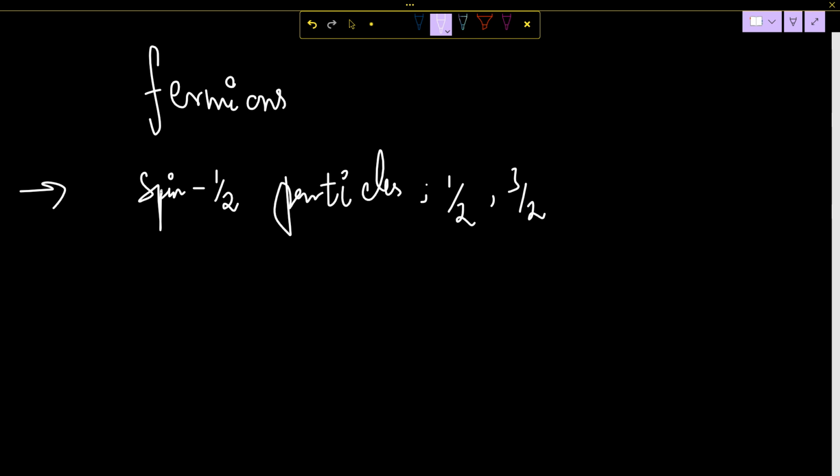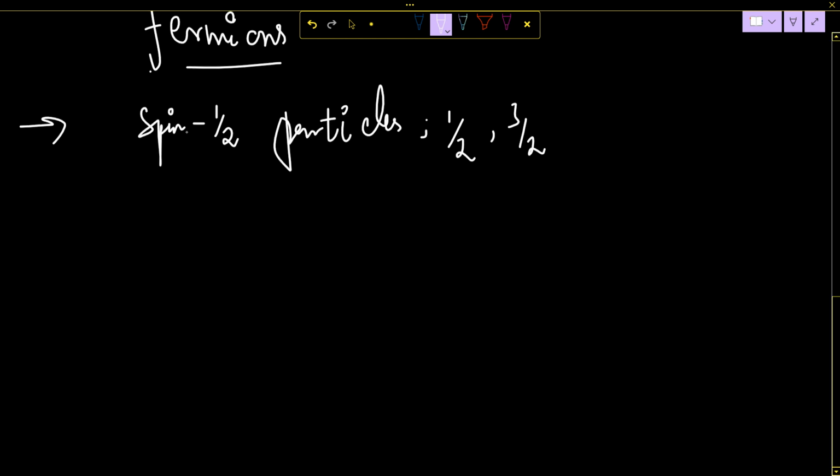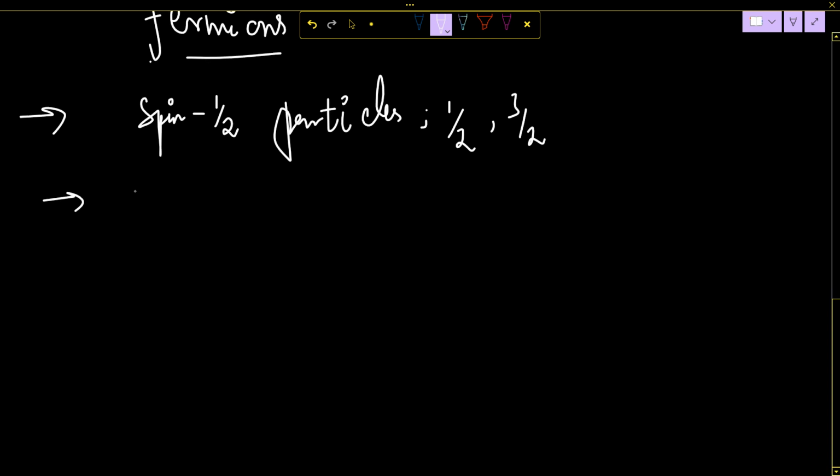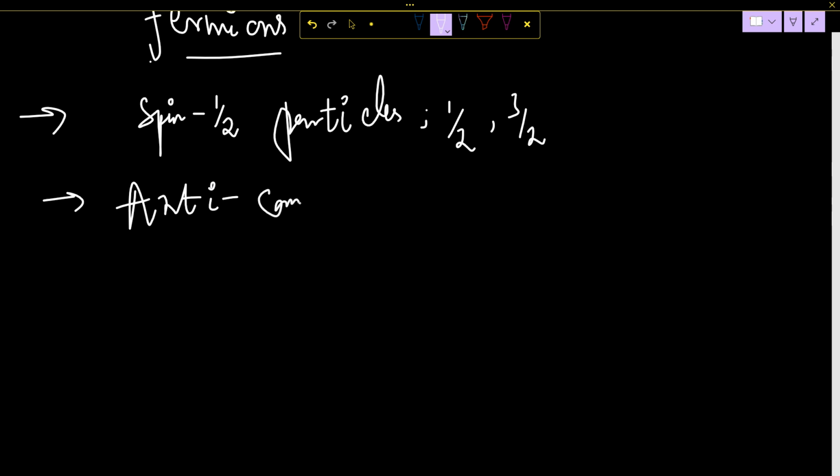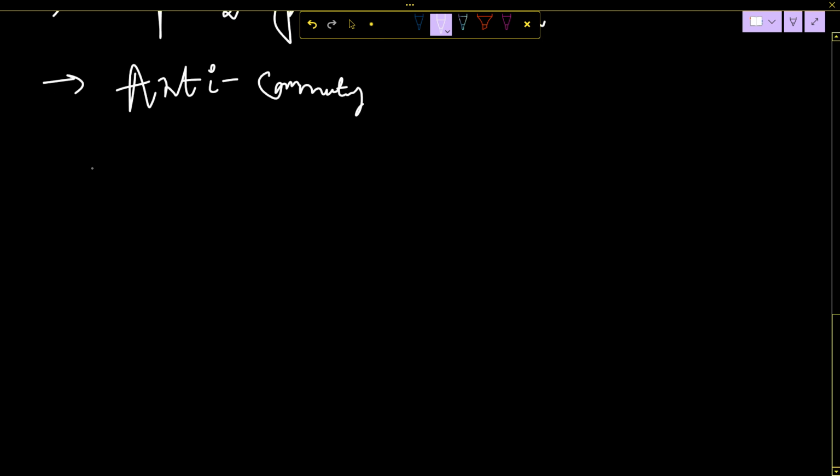Fermions have anti-commuting statistics. What do you mean by anti-commuting? We can say it anti-symmetric also. For example, there is a fermion which has a wave function psi 1 2.